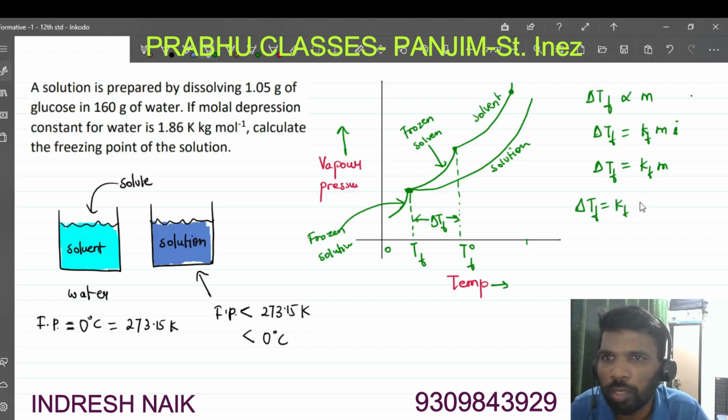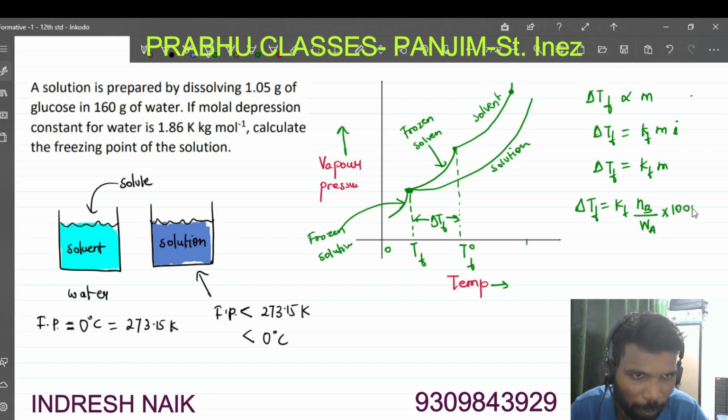Molality is the number of moles of solute upon mass of solvent in kg. This 1000 is a conversion factor because whatever weights you are given, you will be writing in grams over here.